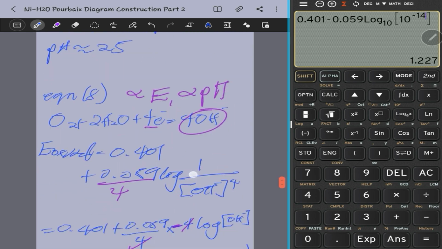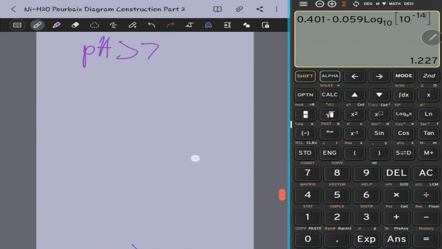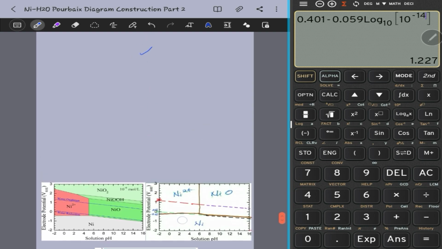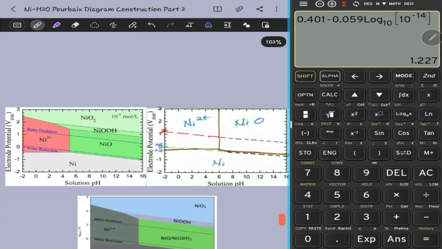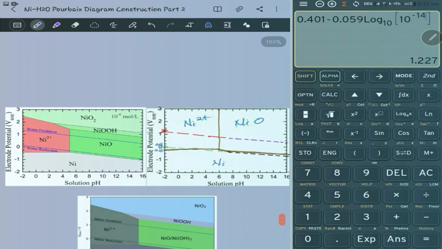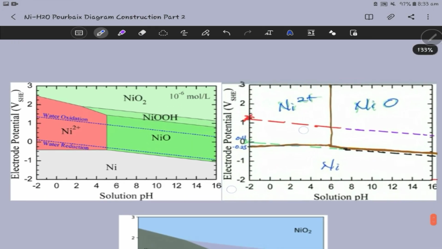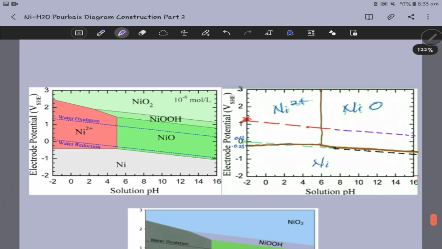Another question you might be having is why, after going through all this, we are having a different diagram, similar but not completely the same as this one here? The reason is that to be able to draw this one that we see here, you need a lot of reactions, right?